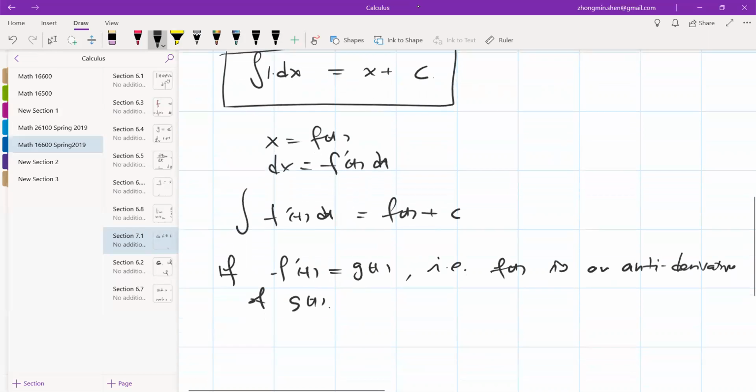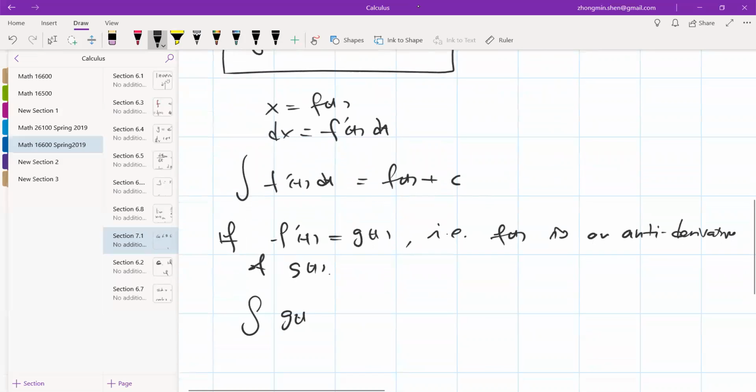The above formula can be written in the following form: the integral of g of t dt equals f of t plus c, right? Got it? It's the same. And here I don't need to say anything. Here I have to say g of t is the antiderivative f of t.